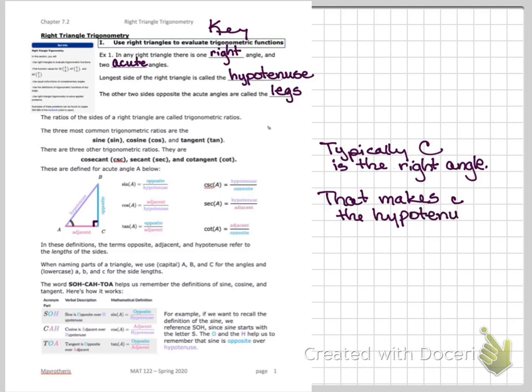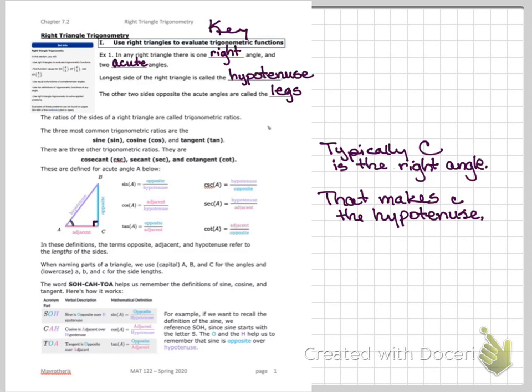Sometimes we have triangles that are labeled DEF, MNO, whatever. If it's got an ABC and the triangle itself is not labeled, pretty safe guess to think that that C is the right angle and the little c is the hypotenuse, okay?